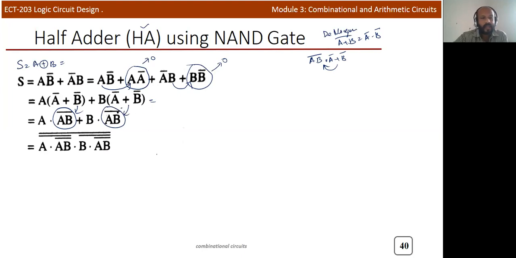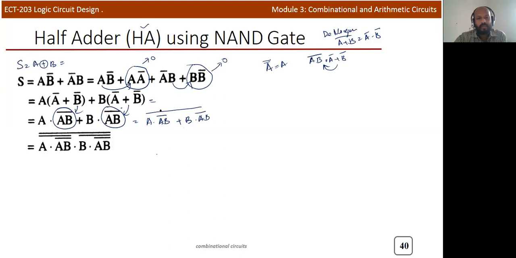Now you can apply the double negation rule. You know that a double bar is equal to a, so you can write A into AB bar here plus B into AB bar.